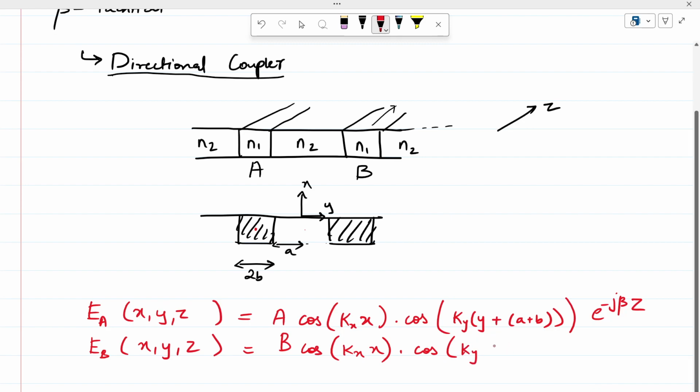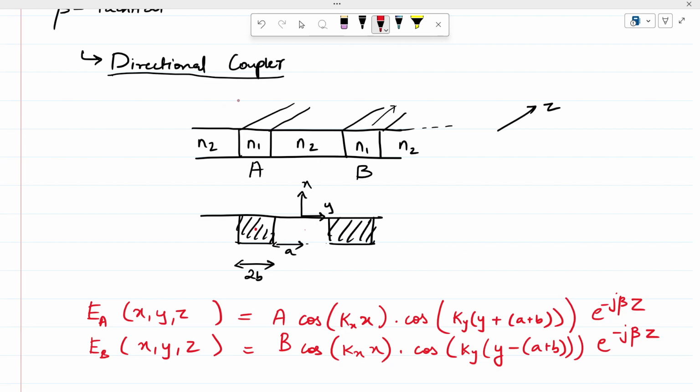Now, because this is at a positive a plus b displacement, e power minus j beta z. So these are my equations for the two waveguides.